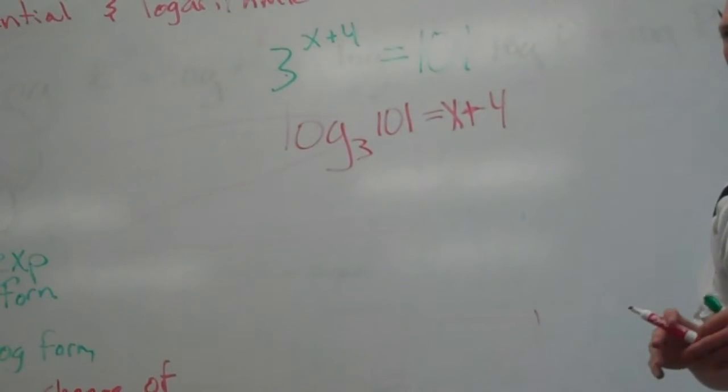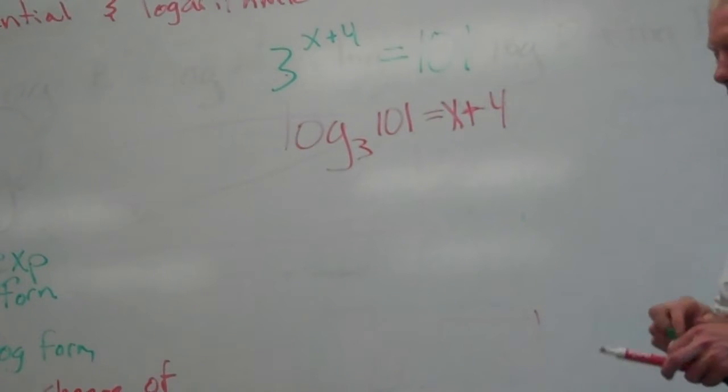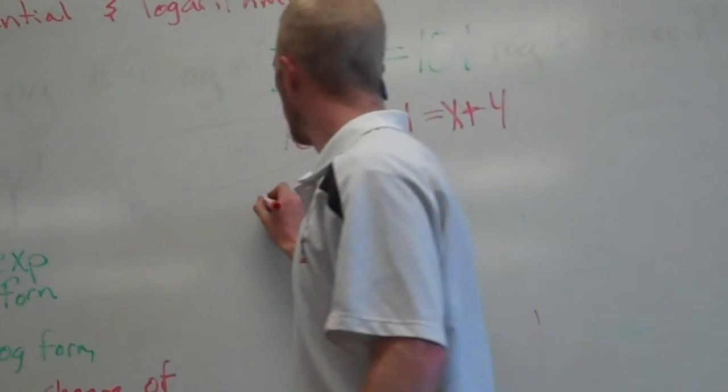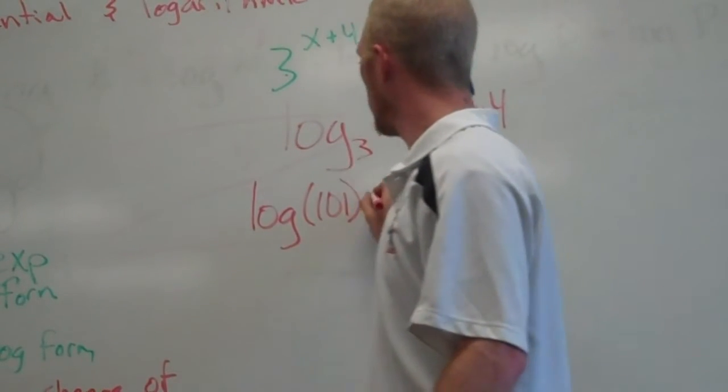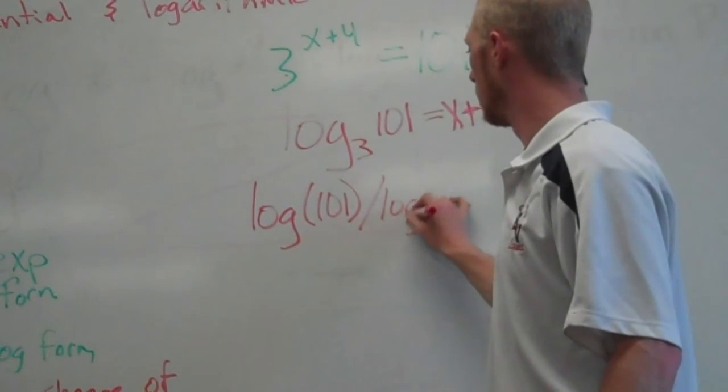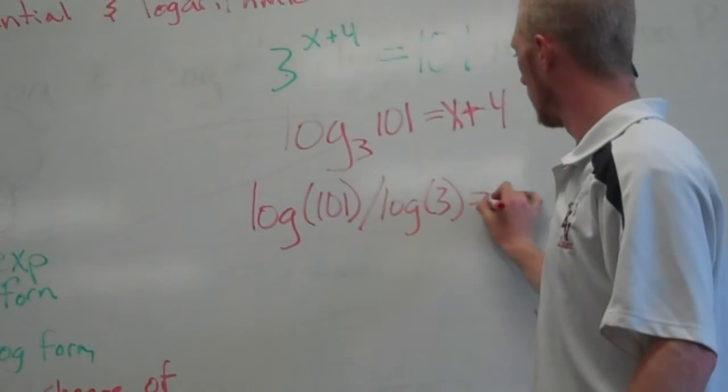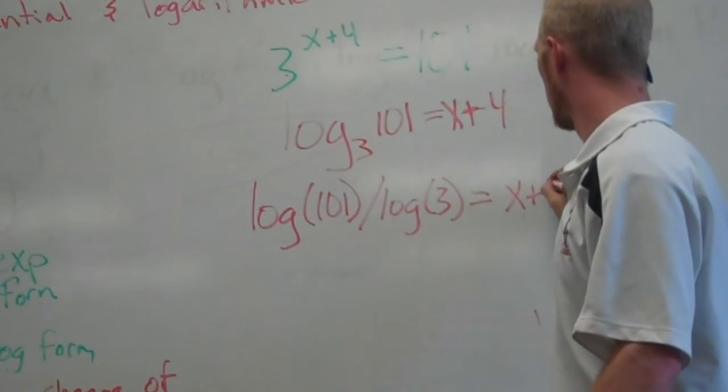When you have this, we're going to use what we now call the change of base formula to say log of 101 divided by log of 3 equals x plus 4.